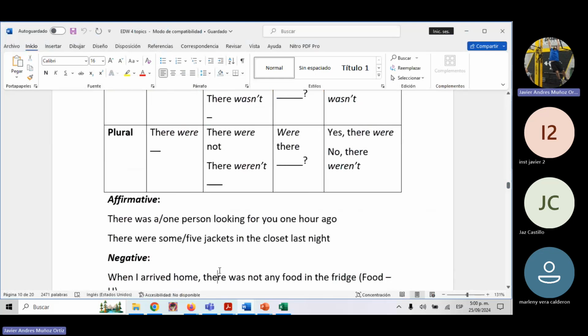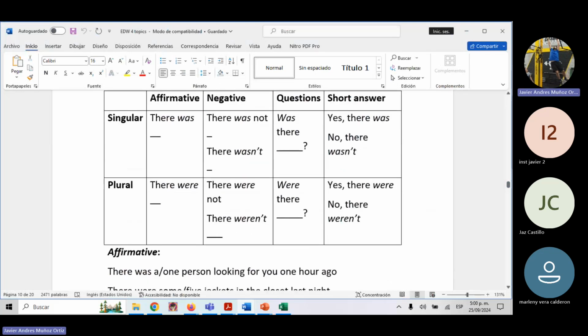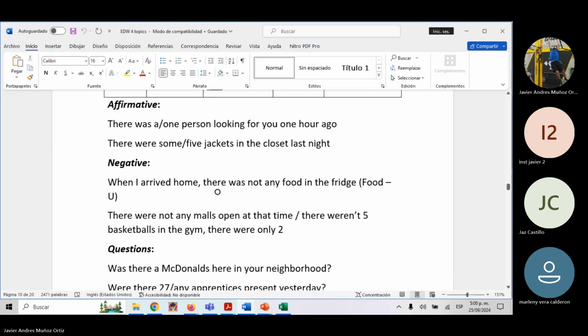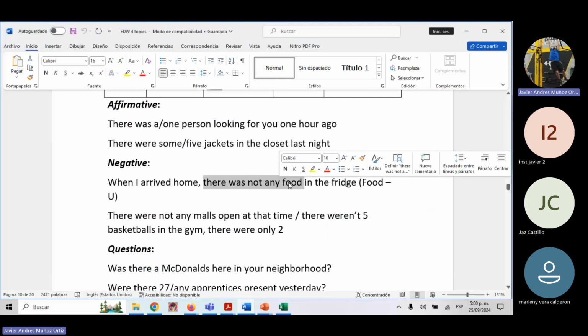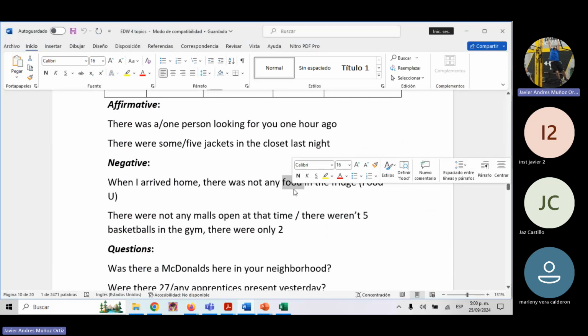Okay? What about negatives? Like in simple present, like in verb to be negative sentences, we only add the word not, and that's it. When I arrived home, there was not any food, or the contraction, there wasn't any food. We use food as an uncountable noun because food cannot be counted.